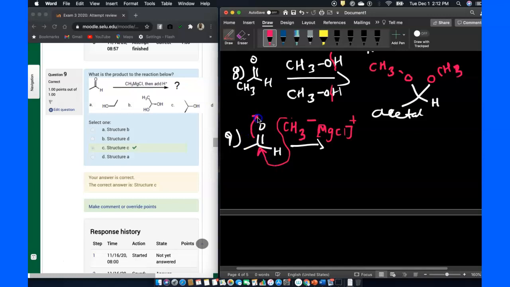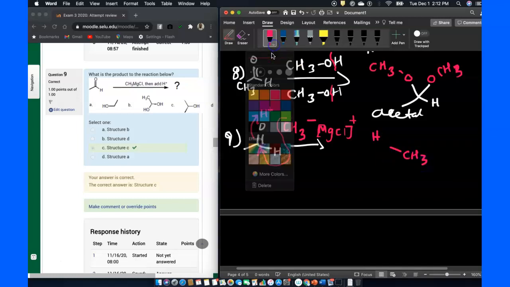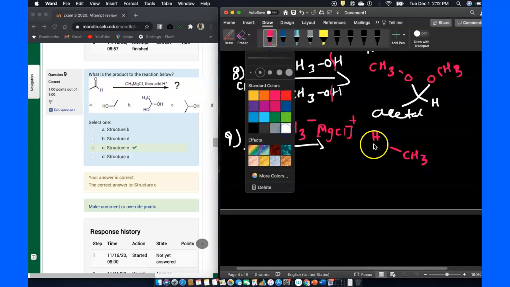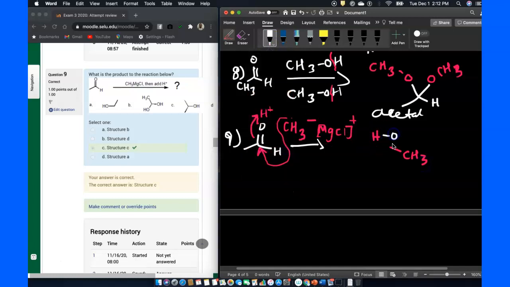This opens up, picking up the proton because it says then add H+. So basically, you're gonna end up with the CH3 that attacked the carbonyl and the hydrogen added onto the oxygen of the carbonyl, and then the other hydrogen is still there. So you're making an alcohol.